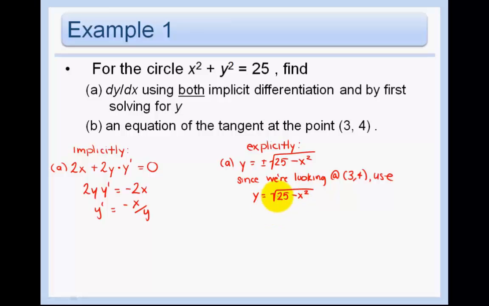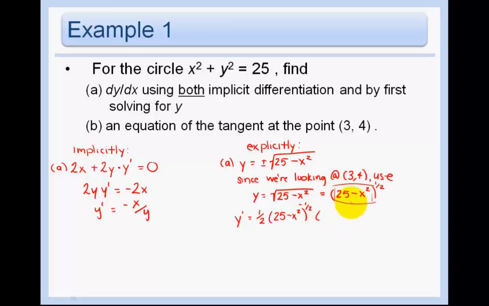And so when we take the derivative, let me rewrite that as 25 minus x squared to the 1/2 power. We're going to have to use a chain rule here with the baby. And the derivative is just going to be 1/2 times the baby to the negative 1/2, subtract 1, and then take the derivative of the baby.